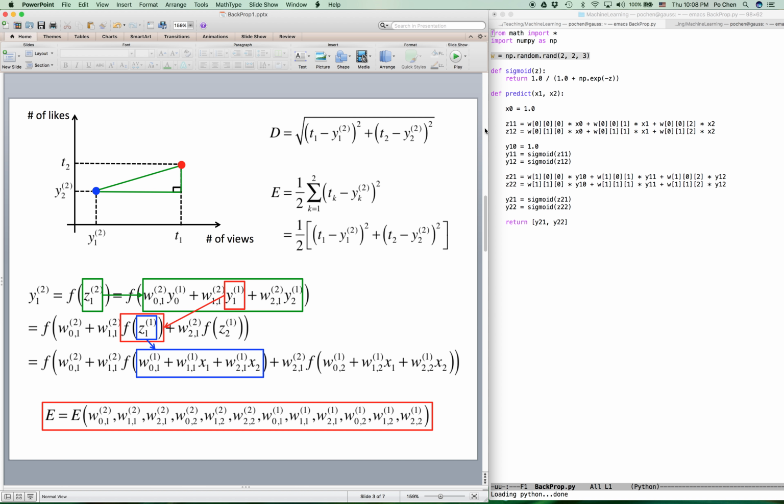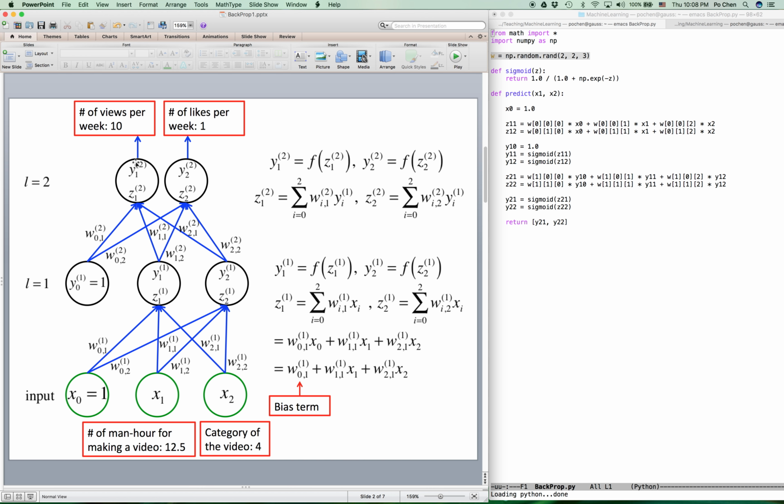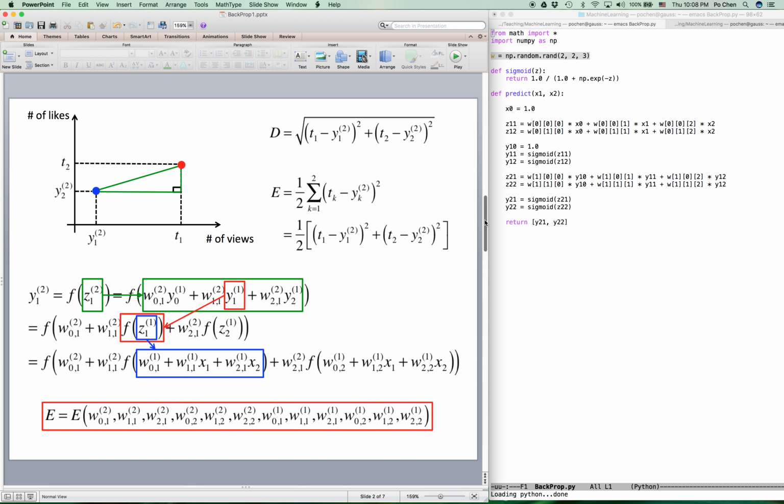If you don't exactly remember how this is organized, this is Y21, the neuron output from this particular neuron, and for this neuron, the logit is Z21. So by applying the sigmoid function f on Z21, we got Y21, right?